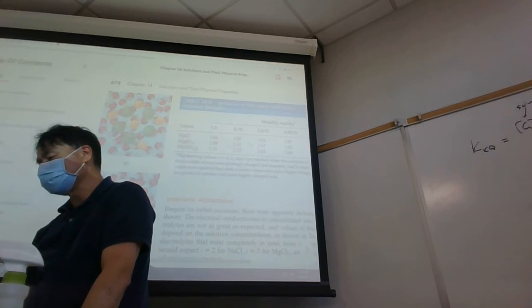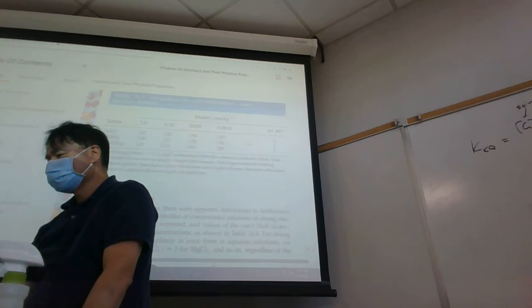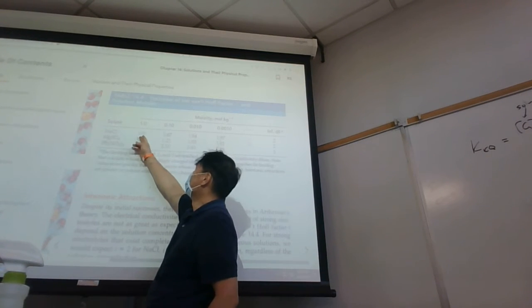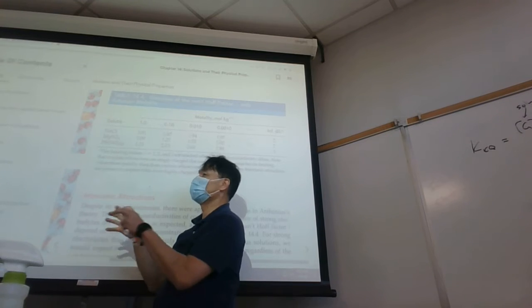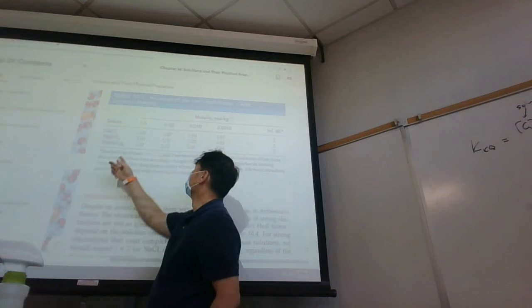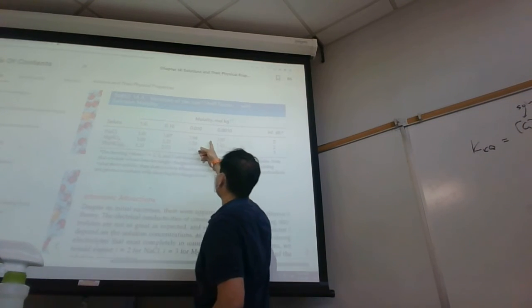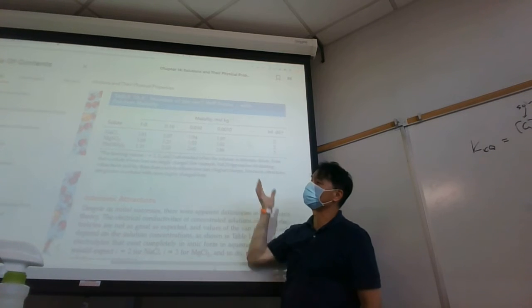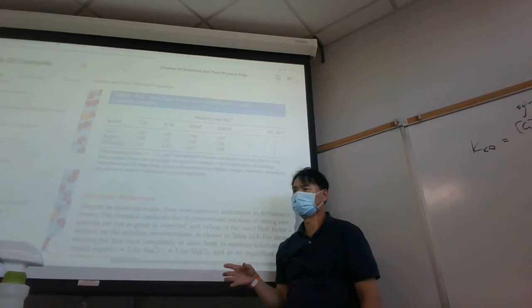This is back in chapter 14. At higher concentrations, like this, it means about 10% of the ions are paired up. The rest are independent. As we go more and more dilute, ion pairing becomes less and less of a factor, and at infinite dilution we don't expect any pairing to occur.